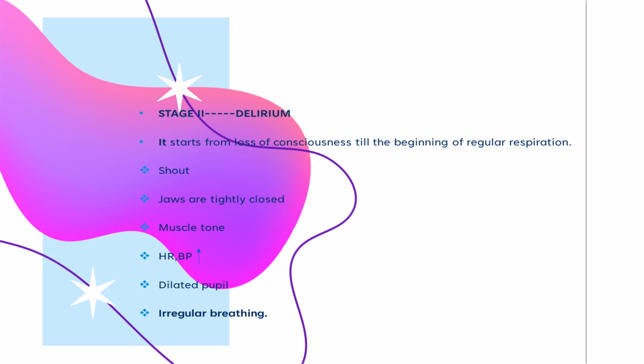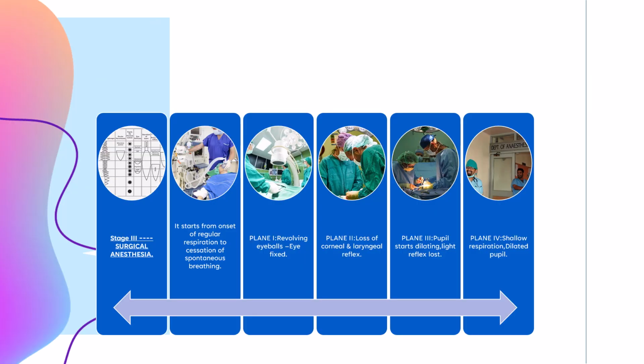Next, moving on to stage 3. This is very interesting. The third stage is called surgical anesthesia. In the name itself it is there, surgical anesthesia, so it is suitable for surgery. It starts from the regular respiration to the cessation of spontaneous breathing.